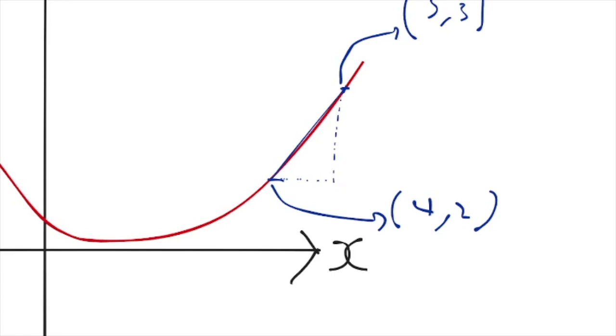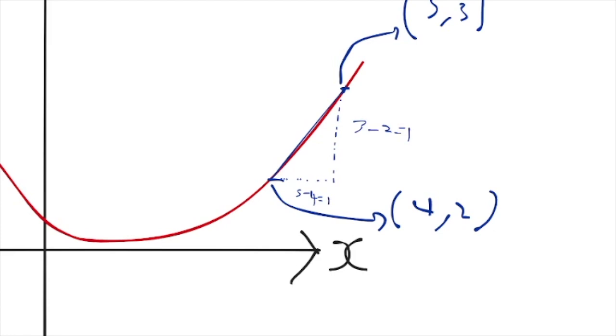The x difference is the x-coordinate of this point minus the x-coordinate of this point, so 5 minus 4, which equals 1. The y difference is this coordinate minus this coordinate, which is 3 minus 2, which equals 1 as well.